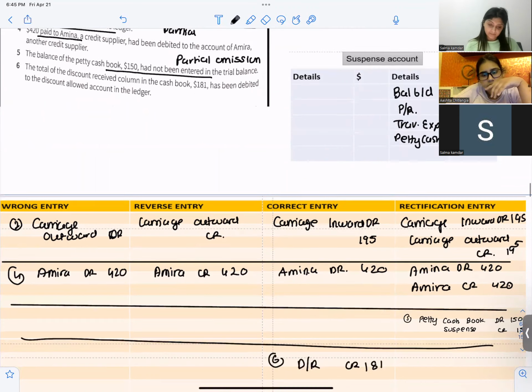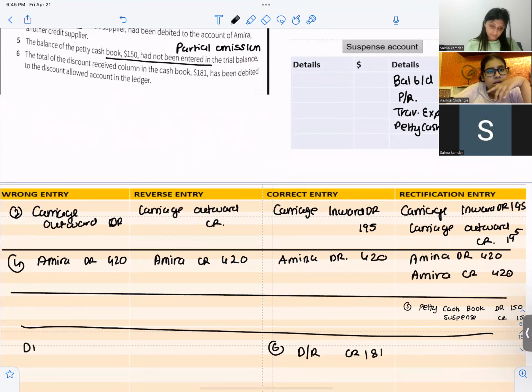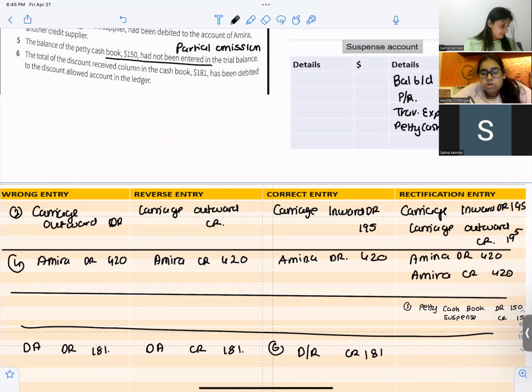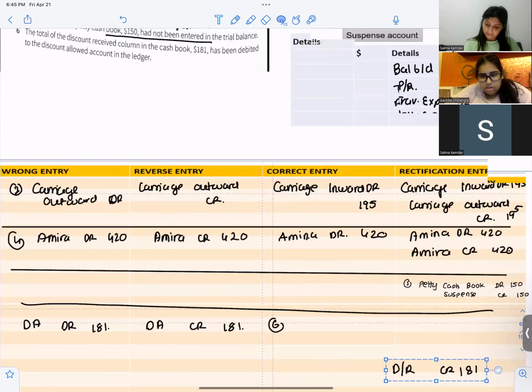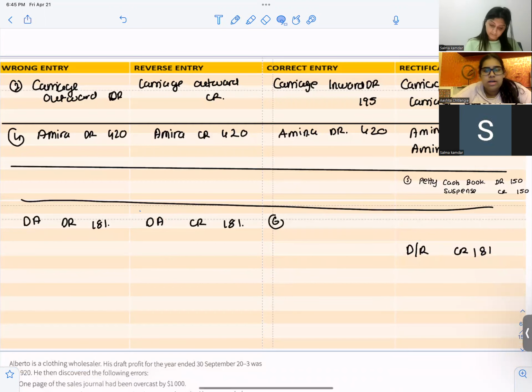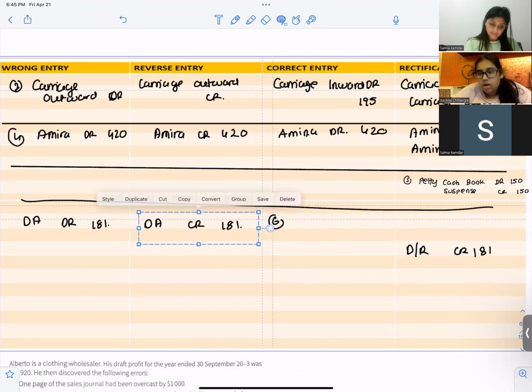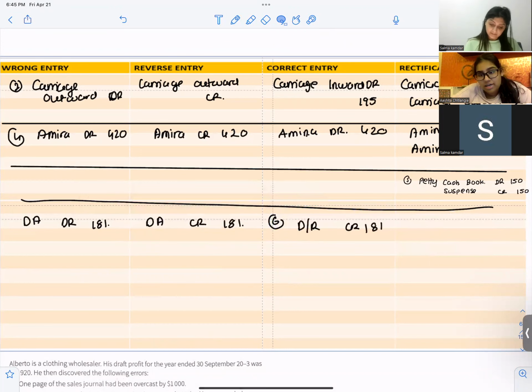What did you do? You debited it to discount allowed. So the wrong entry is discount allowed debit, and the reverse is discount allowed credit. So the rectification will be suspense debit, discount allowed credit and discount received credit.